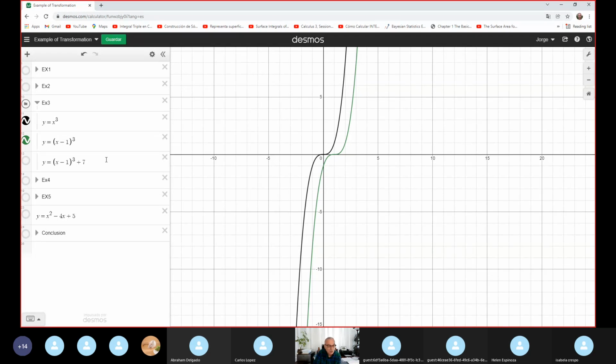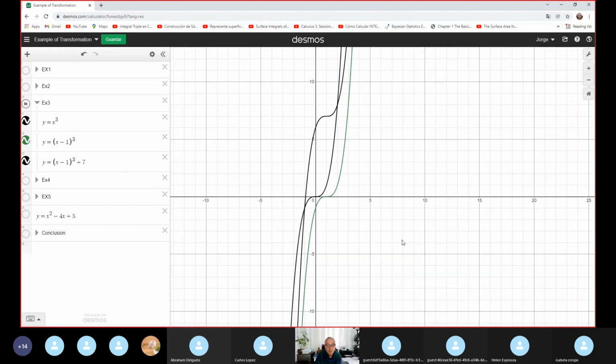Finally, plus 7. Plus 7 is a vertical shift. Remember, when it's outside the parenthesis, it's vertical. When it's inside the parenthesis, it's horizontal. 7 units up.